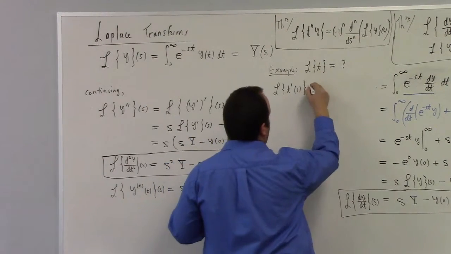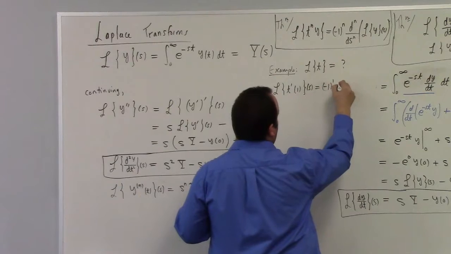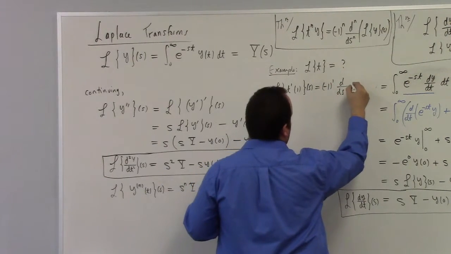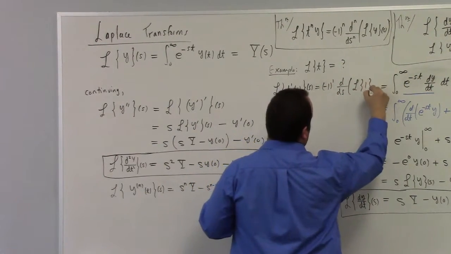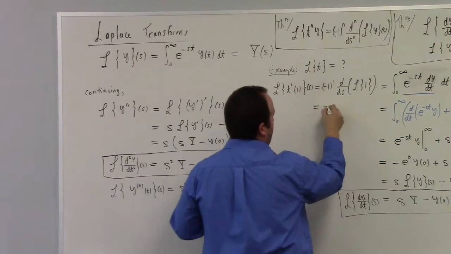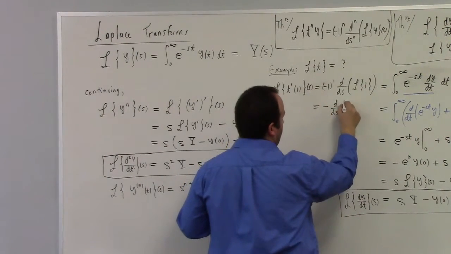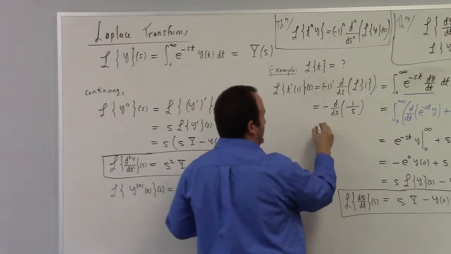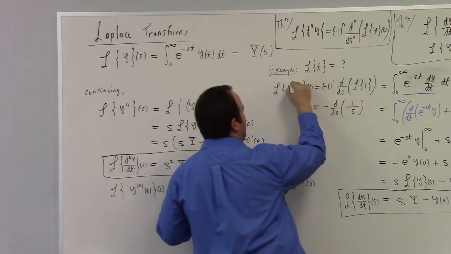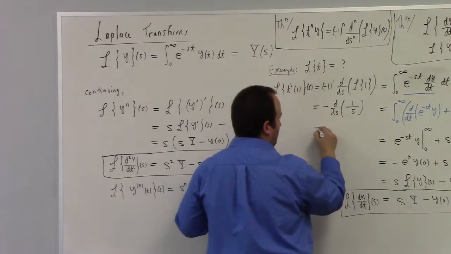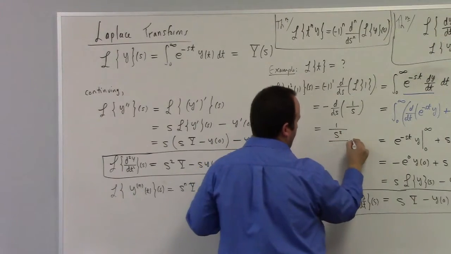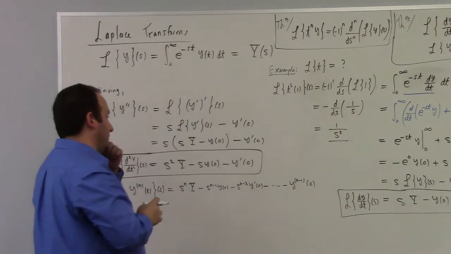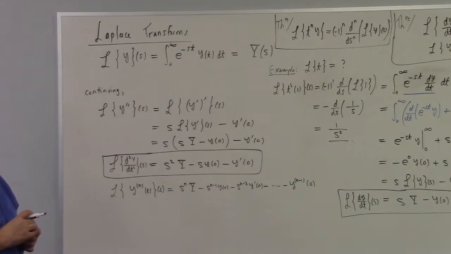So that would be minus 1 to the 1 times the first derivative with respect to s of the Laplace transform of 1, which is minus d/ds of, what is the Laplace transform of 1? Last time we proved it was 1 over s, right? So the Laplace transform of t, this is t, not t prime, is 1 over s squared. So there's the Laplace transform of t. And you can figure out what's the Laplace transform of t times e to the t with this just the same, right?